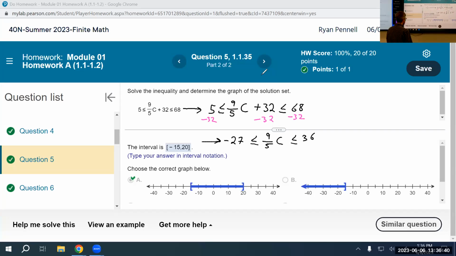And so how can I do that? Well, I think the way I'm going to do this is I'm going to multiply it by the reciprocal of that fraction. Okay? You can say, well, I divided both sides by that number, but I think it's easier to think about if I just multiply it by the reciprocal. So that's what I'm going to do. So to get this thing where I want it, I'm going to multiply everybody by the reciprocal of 9/5.